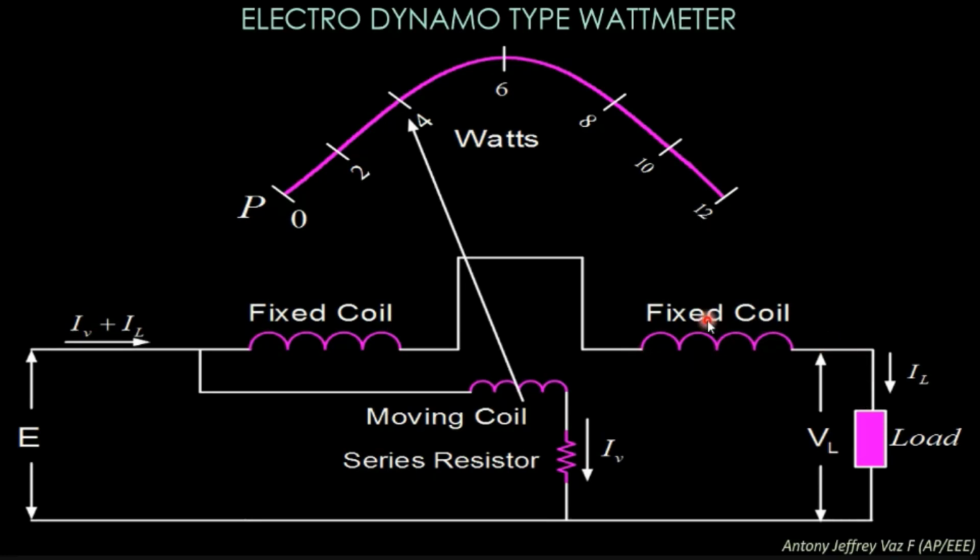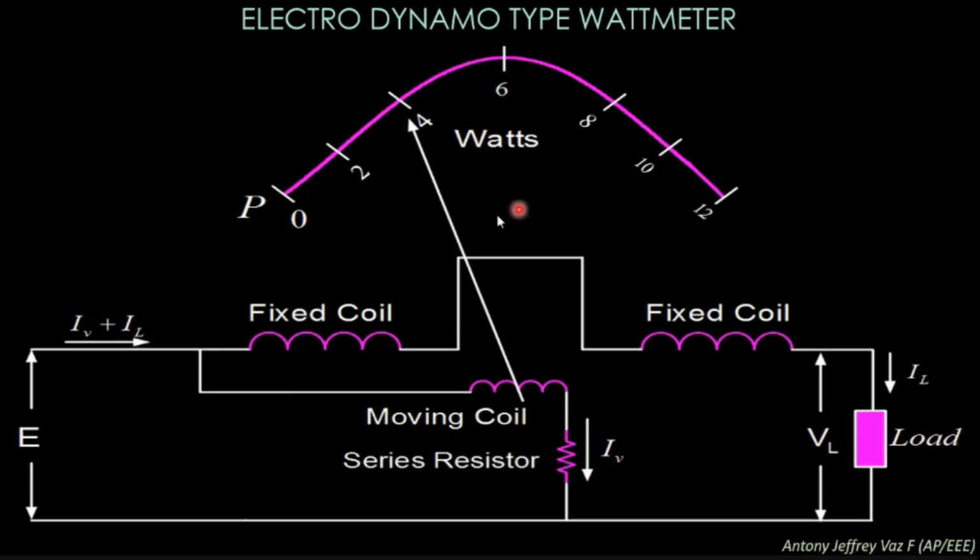These fixed coils are known as current coils. The moving coil measures the voltage across the terminals, because it is connected in parallel with the help of a resistance. The pointer is present here, and it shows the value of power in watts.